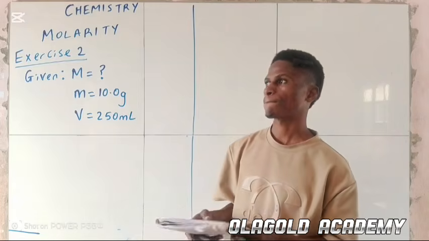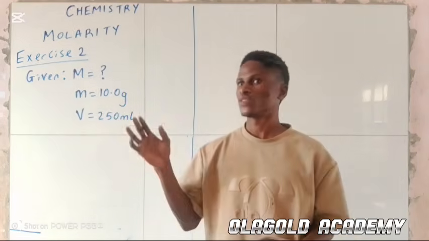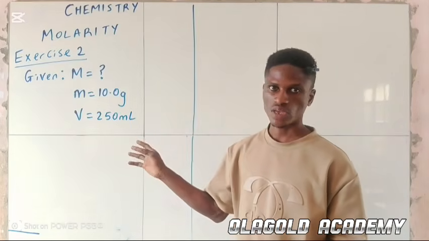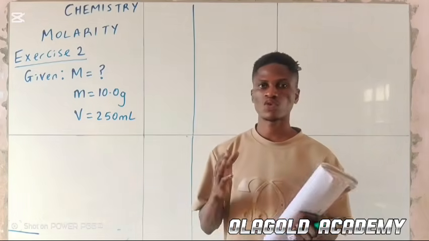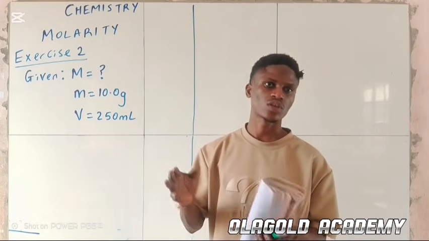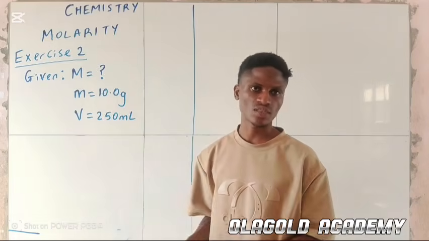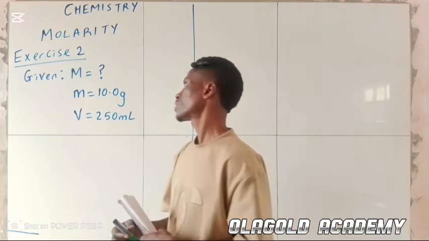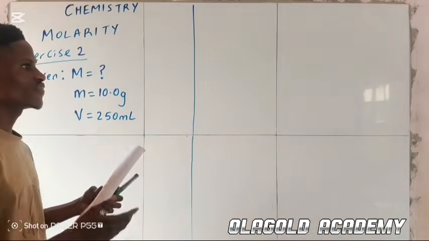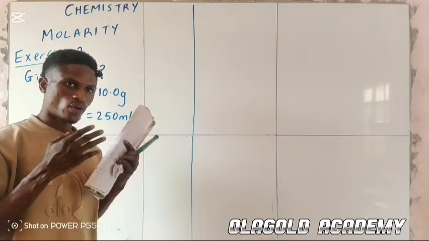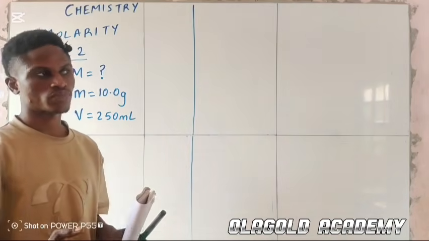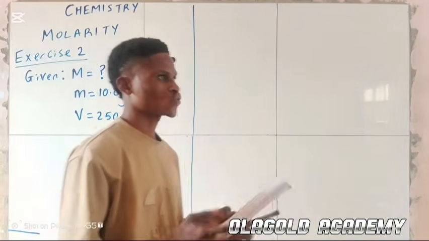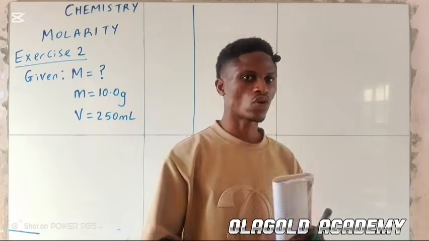But the formula that can work here is: molarity equals 1000 times weight over molar mass times volume. And the question is, are we given the molar mass? We are not given the molar mass, but we can find it because we are given the substance to be sodium hydroxide.